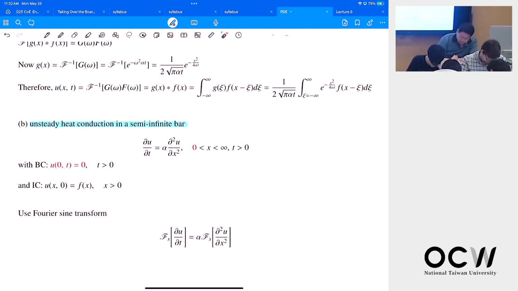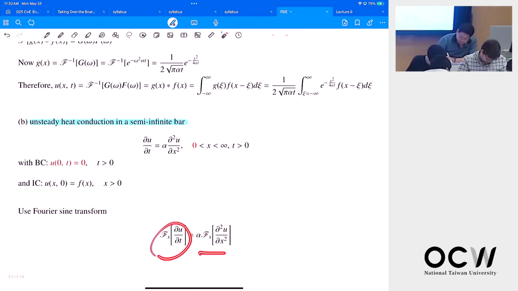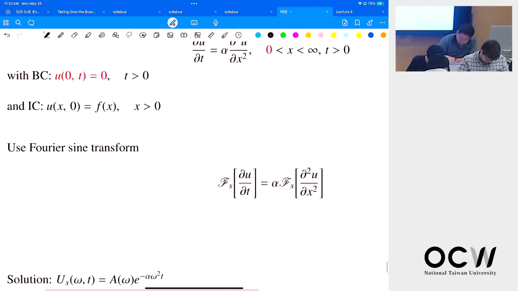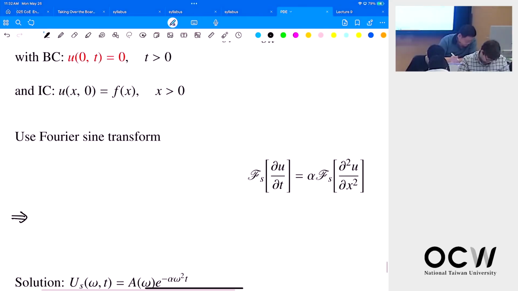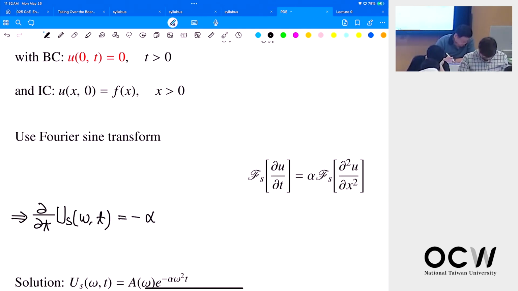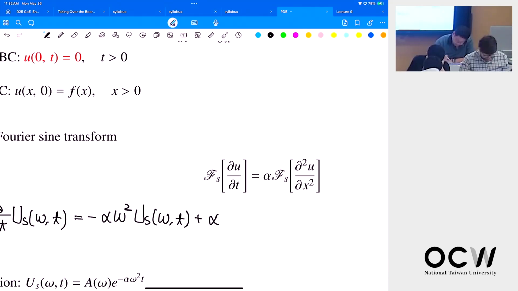We can use the Fourier sine transform. If we do the Fourier sine transform, we have partial over partial t of U_s, the sine transform, will be equal to minus alpha omega squared U_s plus alpha omega u of 0,t.